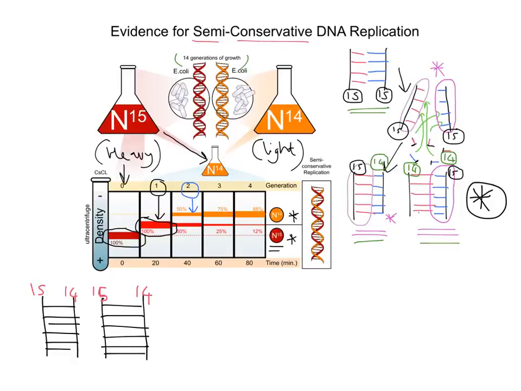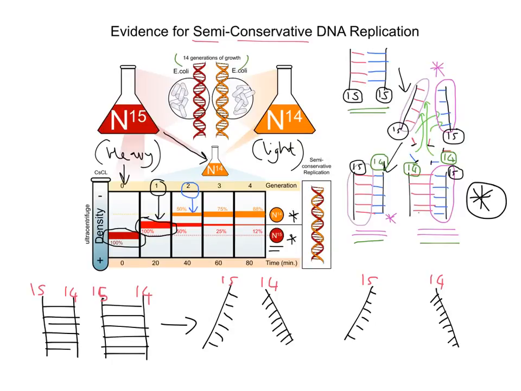If we imagine breaking those two strands apart, essentially what we'd have is something that looks a bit like this. We'd have a strand here and a strand here, and then a strand here and a strand here. This strand would be our 15 and this would be our 14, and this strand here again would be our 15 and 14. So all we've done is just break these strands apart.